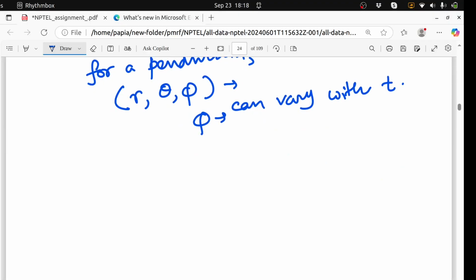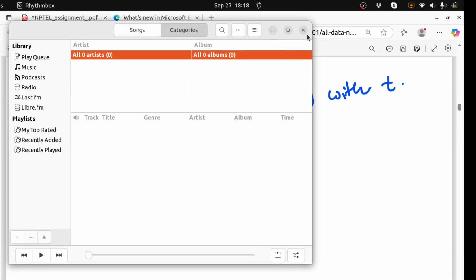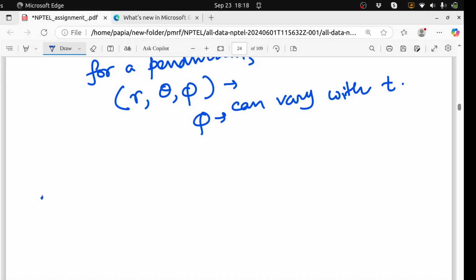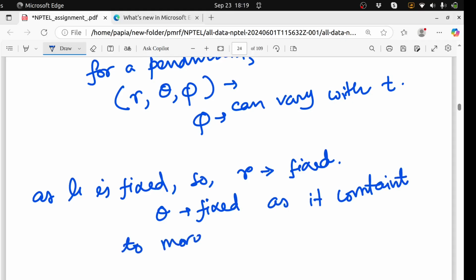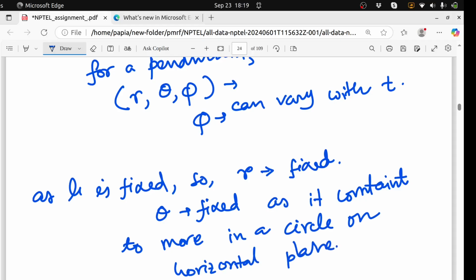So here, as L is fixed, r is fixed, and theta is fixed as it is constrained to move in a circle on the horizontal plane.